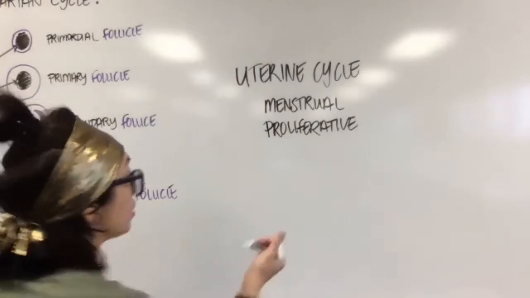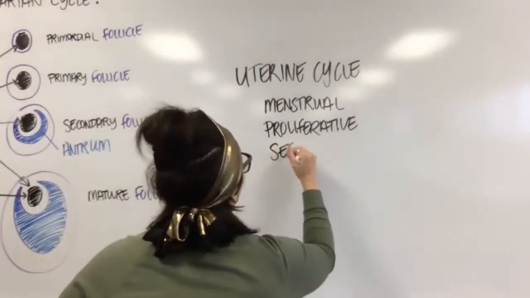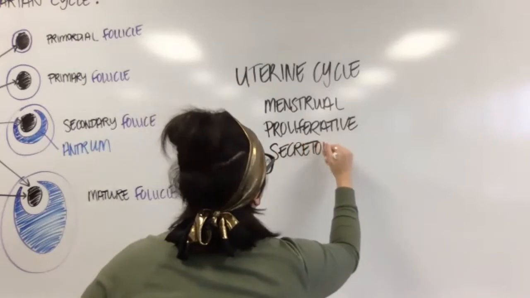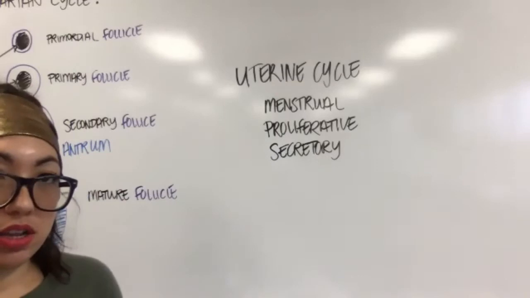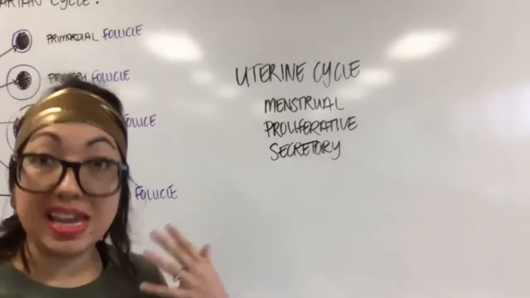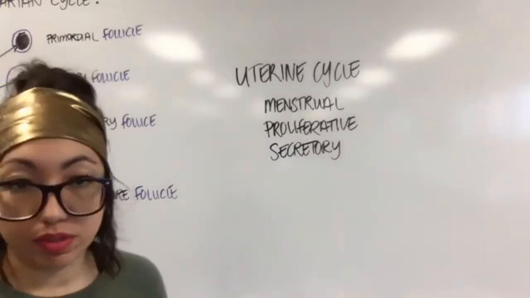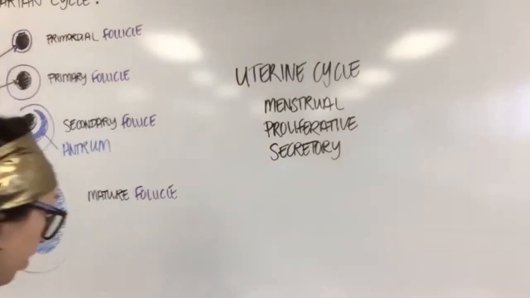And then the last one is called the secretory phase. And this is related to the yellow body and the white body, which is really one or the other.